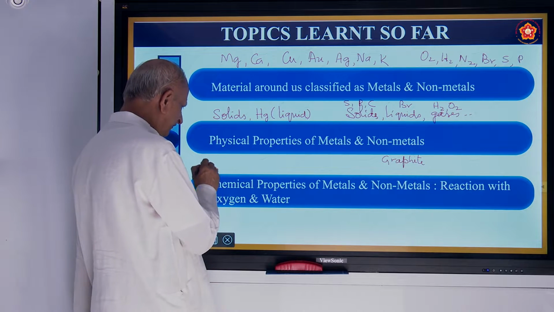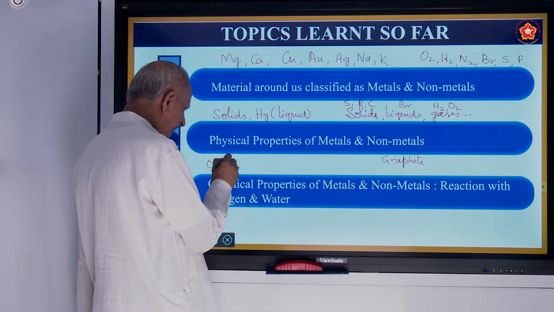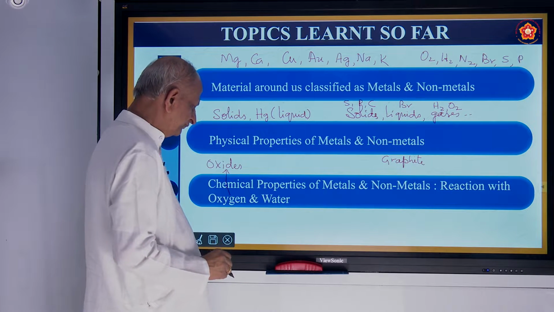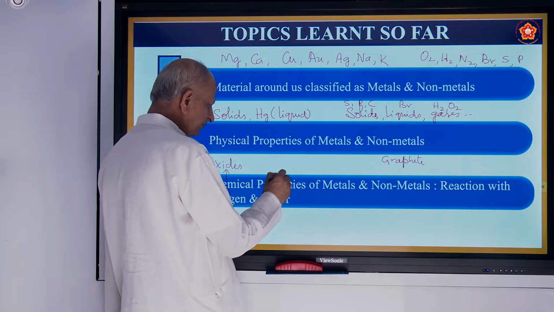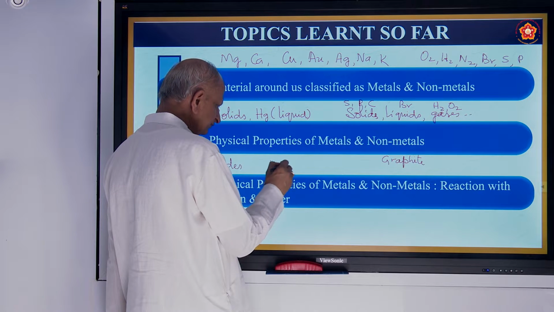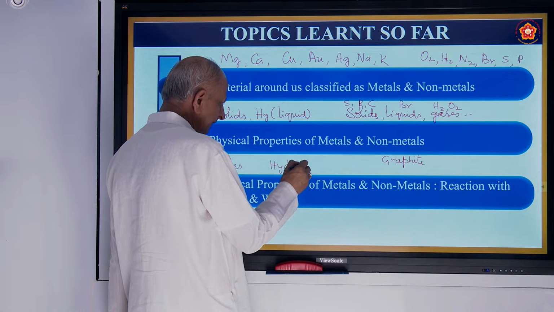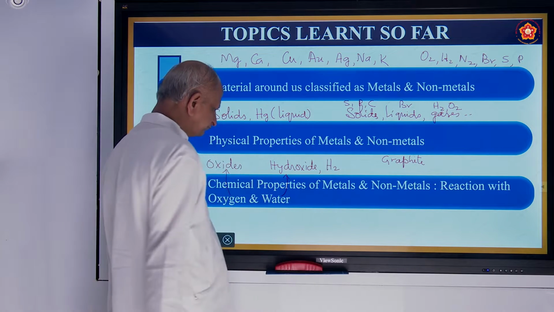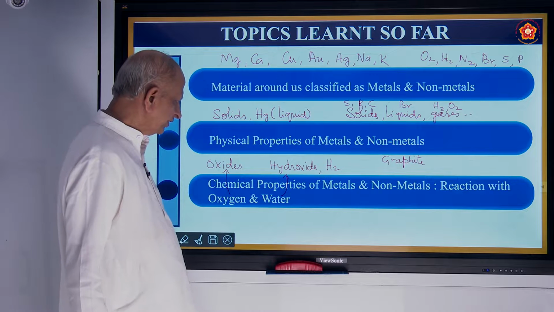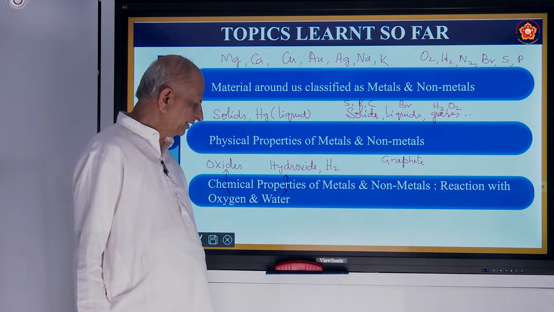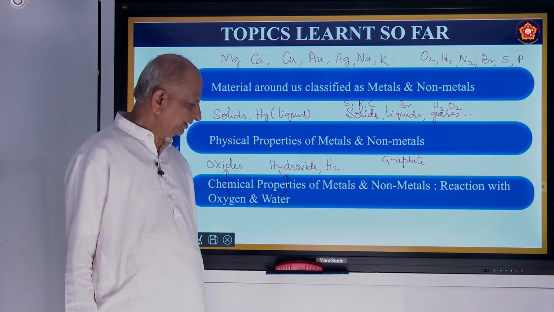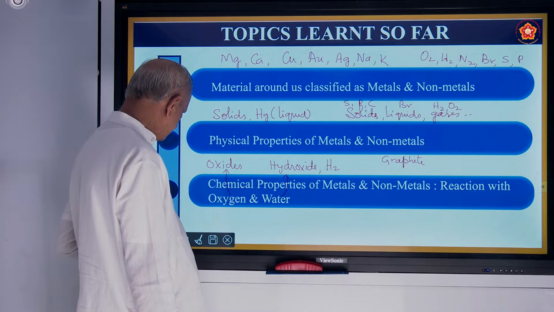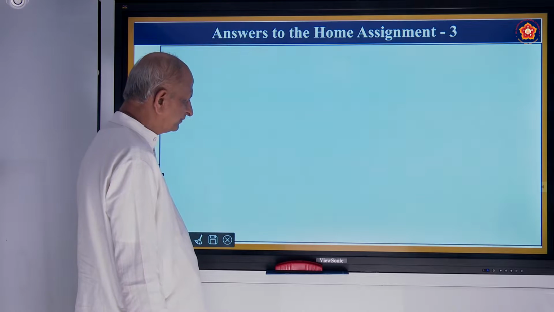What is the compound of metals or non-metals with oxygen called? They are called oxides, and with water they form hydroxides. Sodium plus water gives sodium hydroxide plus hydrogen. Is it not? So hydroxides are formed when they dissolve in water. So these are some of the things we have seen in the previous class.